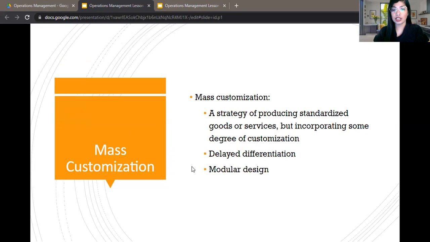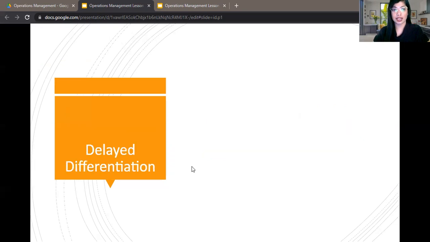The levers are differentiation, delayed differentiation, and modular design. What makes your product or service different and more appealing to customers than other options in your category? Product differentiation is what gives you a competitive advantage in your market.